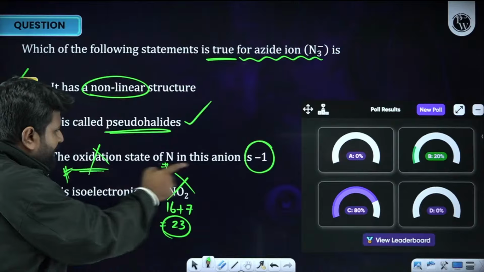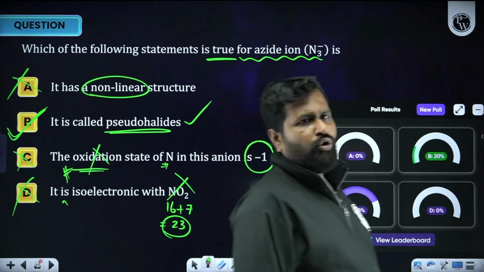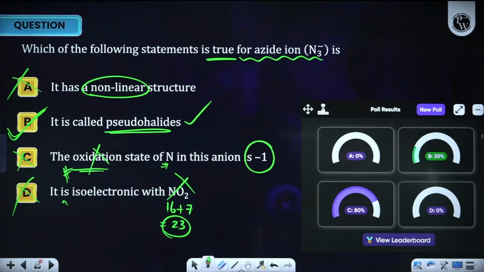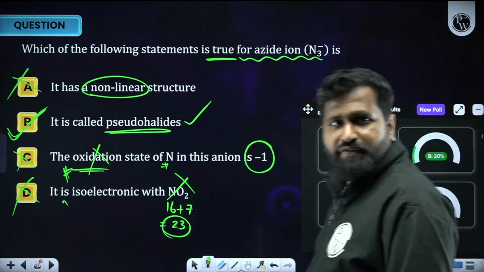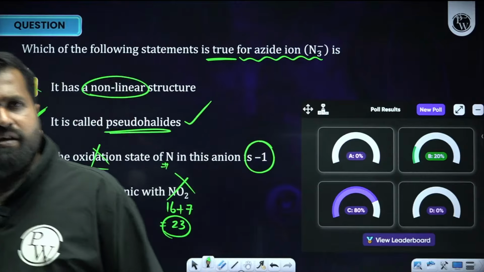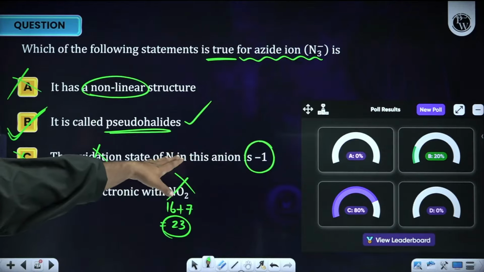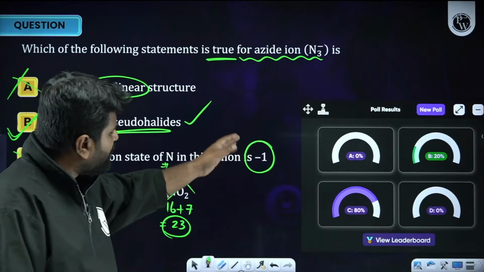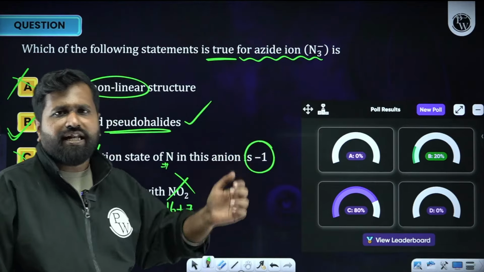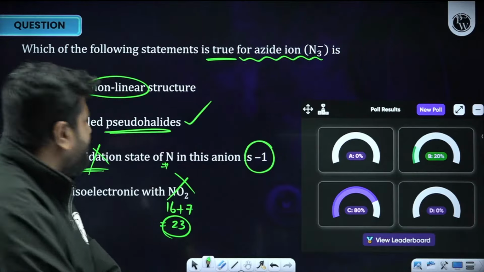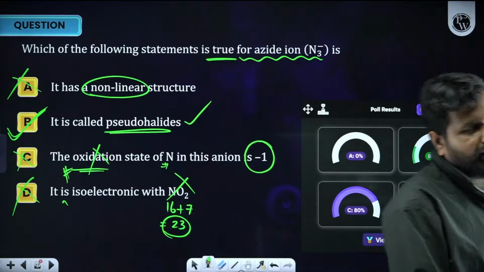Any clarity given in the statement? No clarity, right? Nothing is mentioned. So in that case, how can we consider it like that? So option B is the right answer.